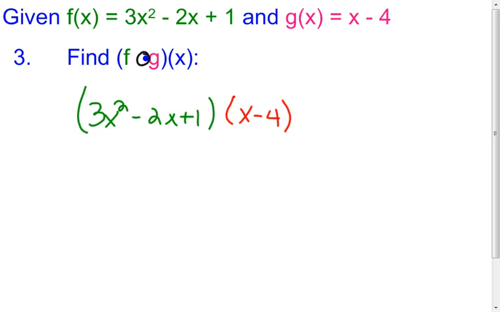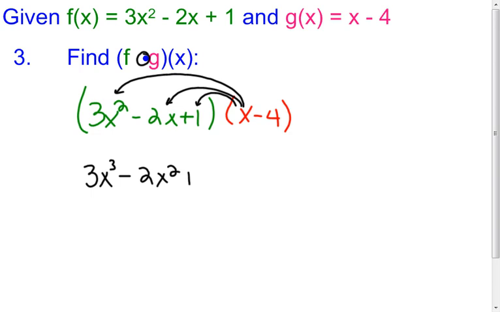To multiply this, you are going to need to distribute these things through. I am going to take the shorter one and distribute it just to make it a little bit easier. So I need to take the x and distribute it all the way through this first set of parentheses. x times 3x squared would be 3x cubed. x times negative 2x would be negative 2x squared.